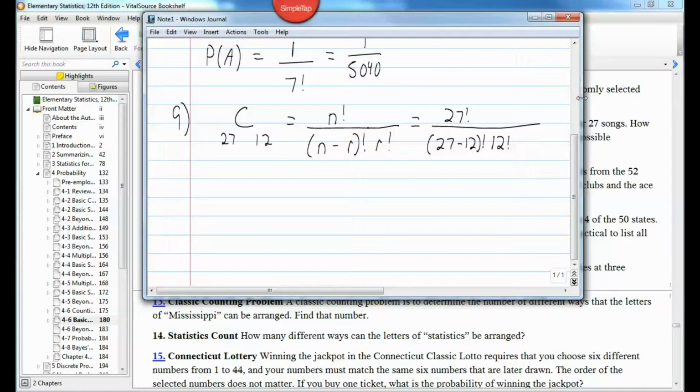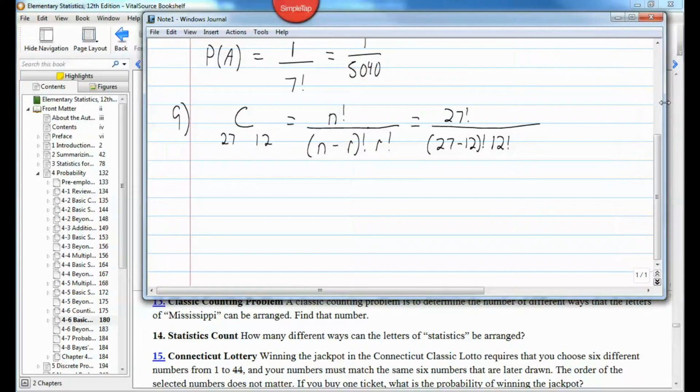If you punch 27 factorial in the calculator, you're probably going to get something in scientific notation, because it's a very, very large number. So what I would suggest doing is first simplifying this by counting down from 27 until we get to 27 minus 12, which is 15.